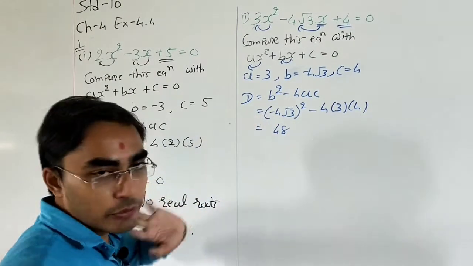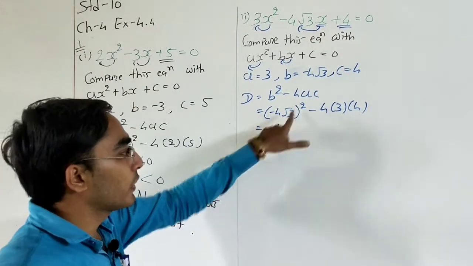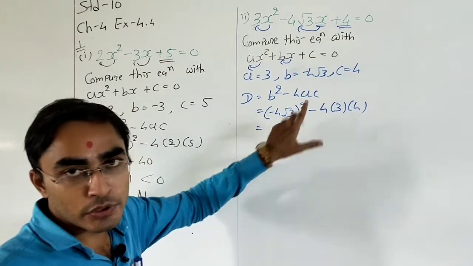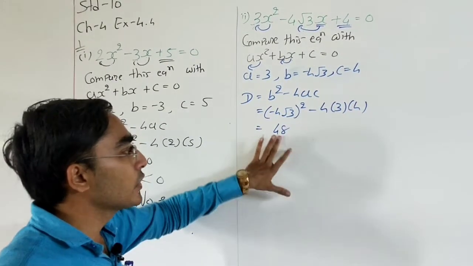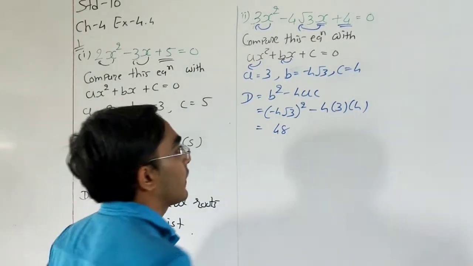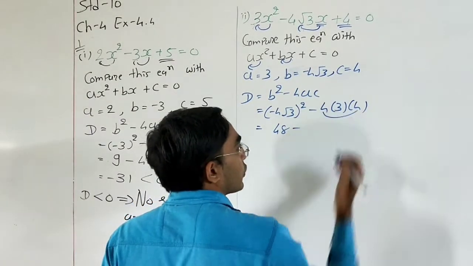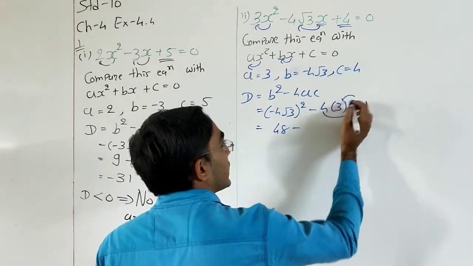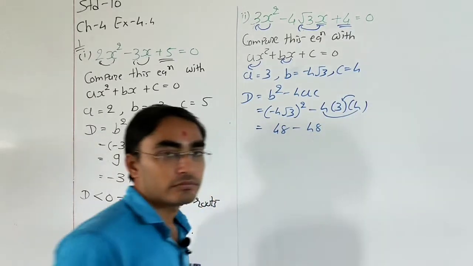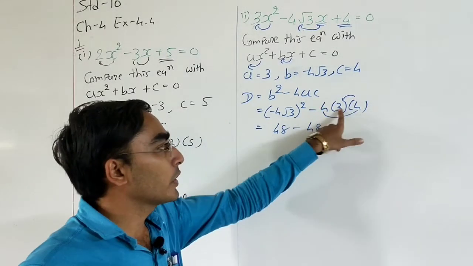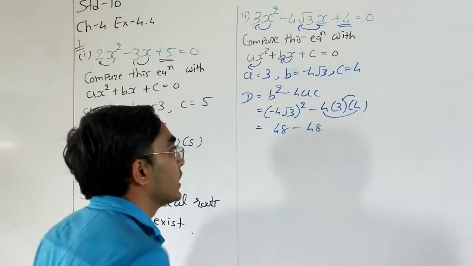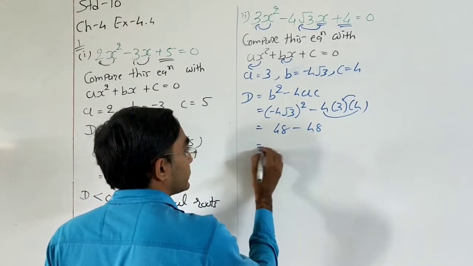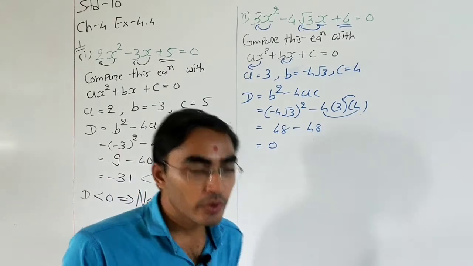Here 4 4s are 16, multiplied by 3 is 48. Otherwise, 4 3s are 12, 4 12s are 48. Now 48 minus 48 is 0.